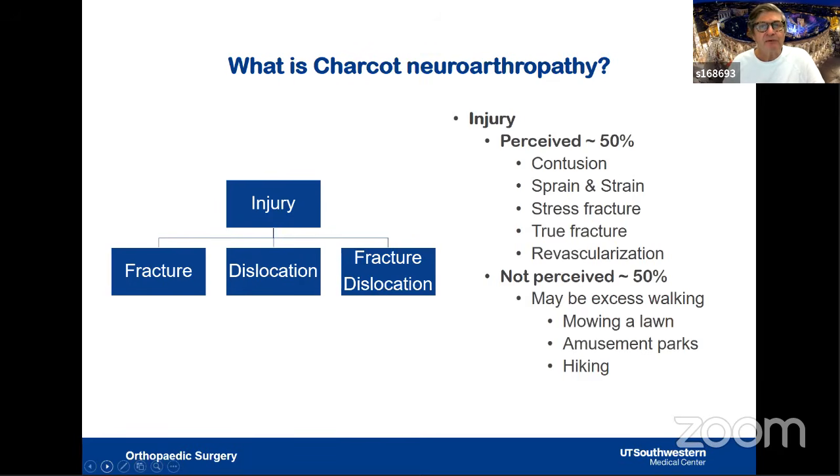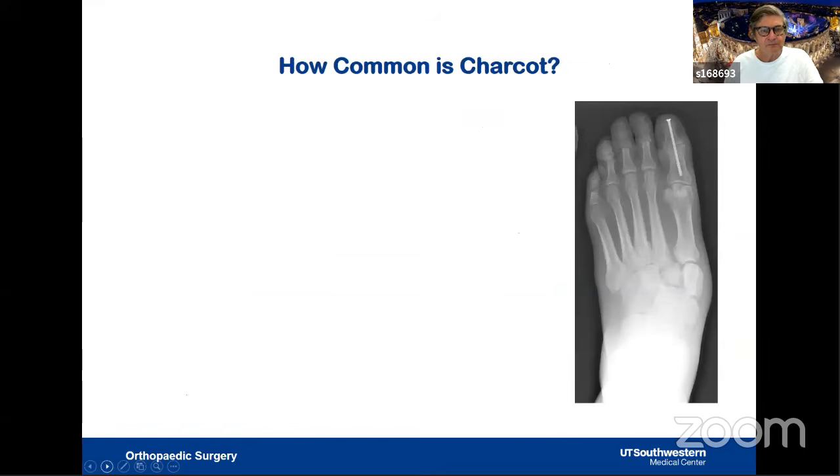In about half the patients, we don't even perceive any particular trauma, but it may be due to excess walking. I've seen it in patients who are mowing their grass, who have attended amusement parks, or go on a long walk or a hike. But the key thing that I would hope that all of you would take away from today's talk is to have a high index of suspicion in high-risk patients.